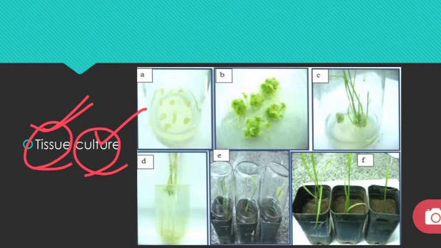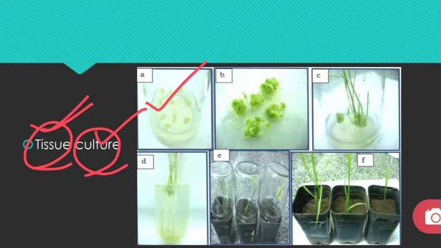Mostly this method can be performed in labs. We can take the tissue from stem, from leaves, or from roots. Any part of the plant can be taken and then it can be put in a favorable condition, provided plant hormones, water.